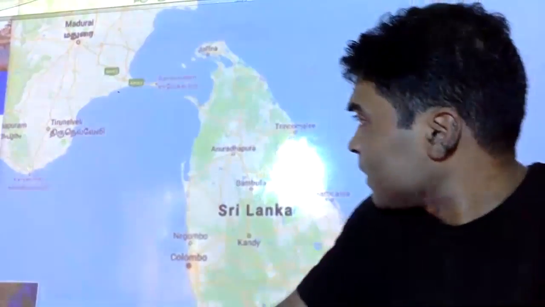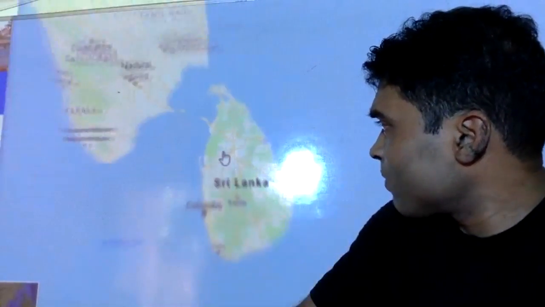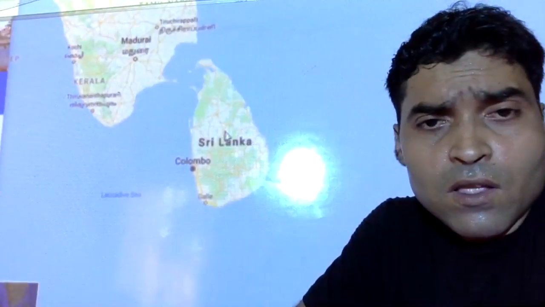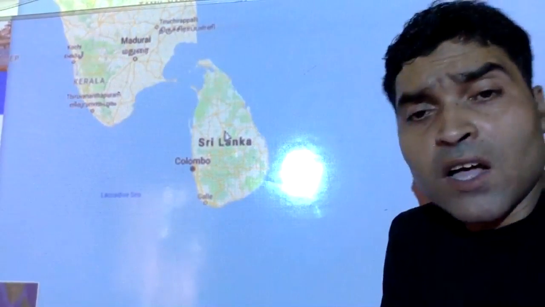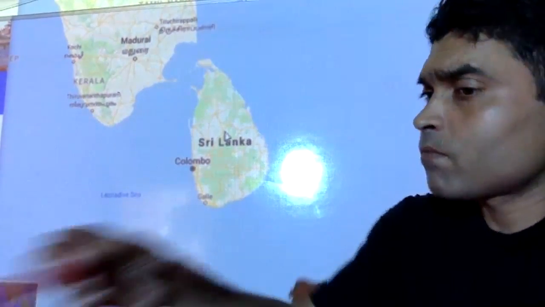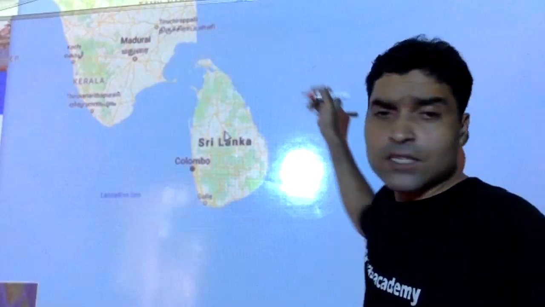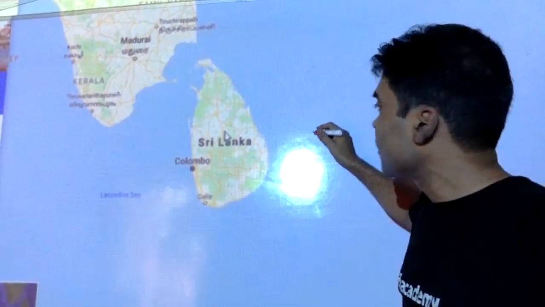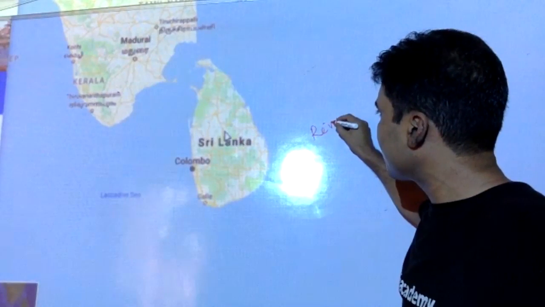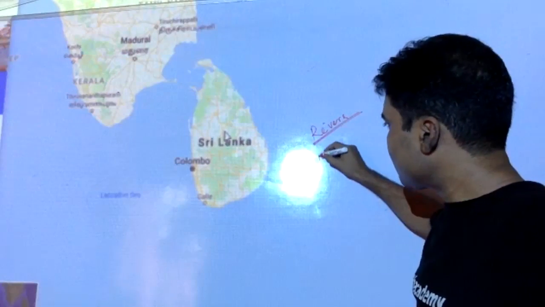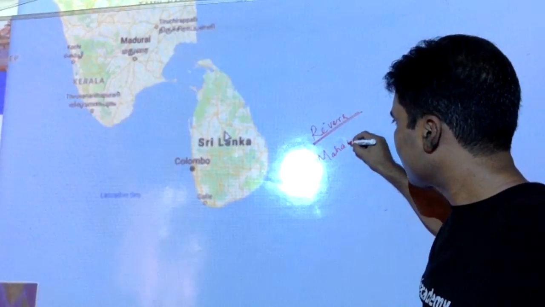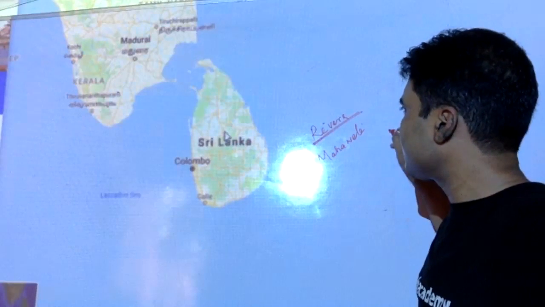Now we'll talk about a few things regarding the rivers of Sri Lanka. First is Mahaweli Ganga. One Ganga is in India, the longest river, but here we are talking about the rivers. Please remember Mahaweli. Somewhere it is written like this.